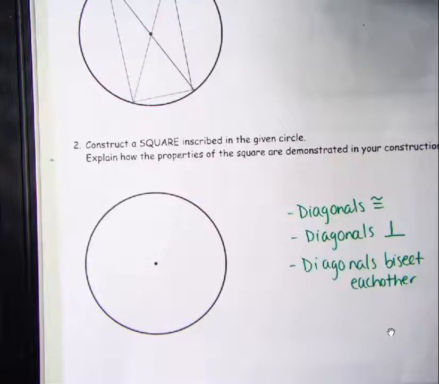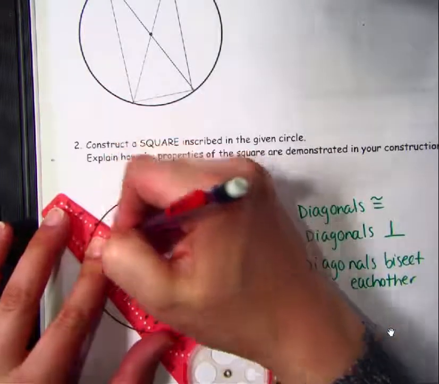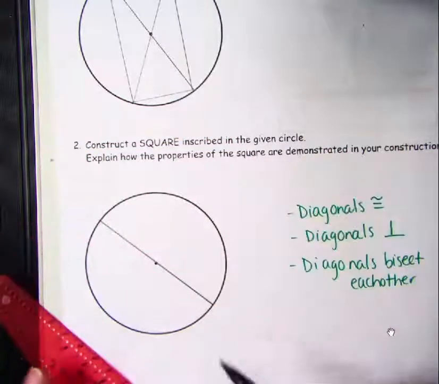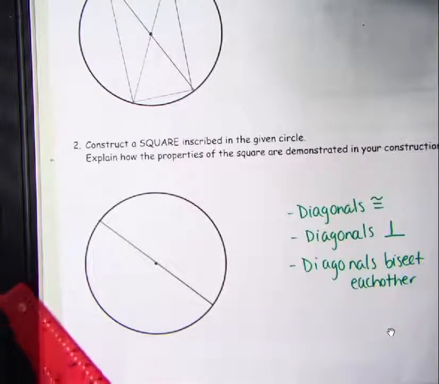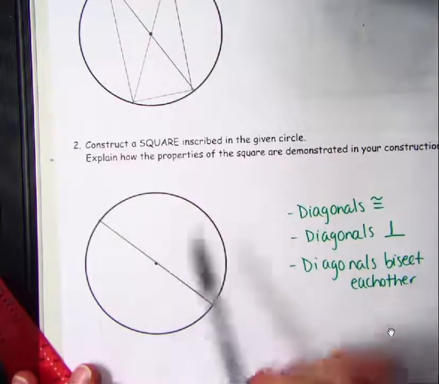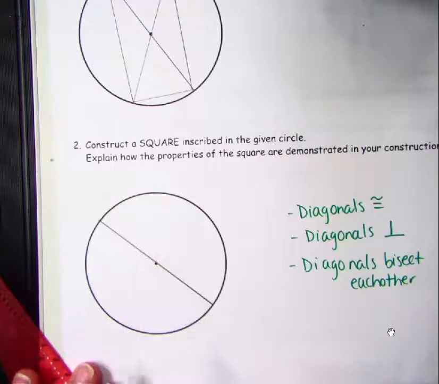The first step to constructing a square, you're going to draw a diameter in the circle. And just like before, this diameter is going to be the diagonal of our square. Now, instead of just drawing the other one, we have to make sure the other diagonal is perpendicular and it bisects this one.